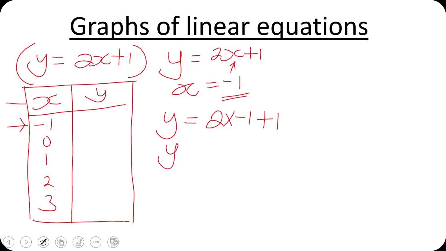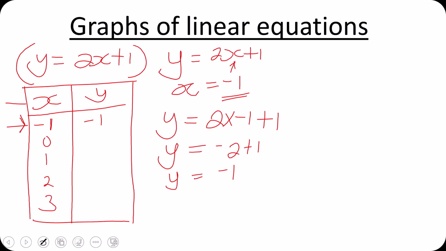We shall have y equal to 2 times -1 gives us -2, and then plus 1. And if we add -2 plus 1, we shall get our y equal to -1. So when the x value is -1, then the y value will also be -1.